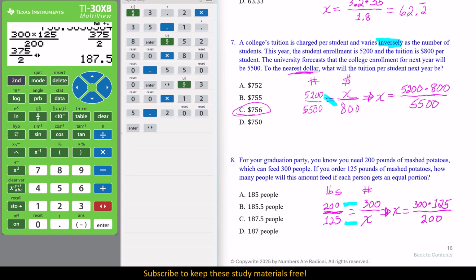And our value says 187.5 people. You cannot have a half a person. I tell my, especially seventh graders, this little fact kind of eludes them. No, you can't put half a kid on a bus. So we aren't feeding half a person. Okay, I know that they can have all kinds of rationales for that.